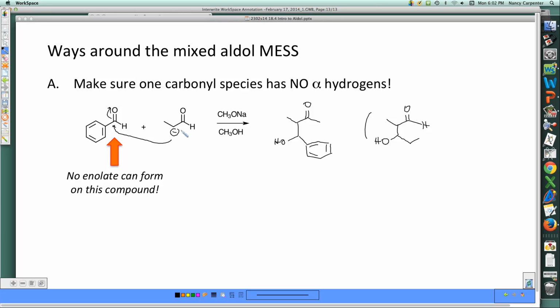As soon as that propanal hits the base, it's going to be deprotonated. And what is it going to run into? Well, it's going to run into the benzaldehyde, because the rest of my propanal isn't in the flask. It's sitting up above in a pipette or a syringe or something. So you can control the self-aldol and minimize its formation.